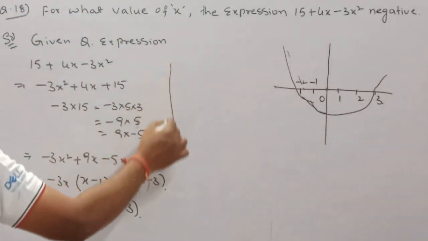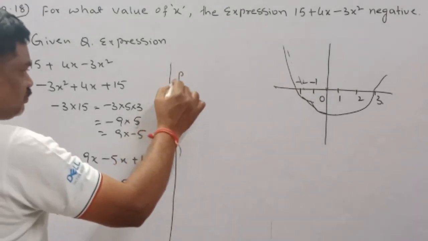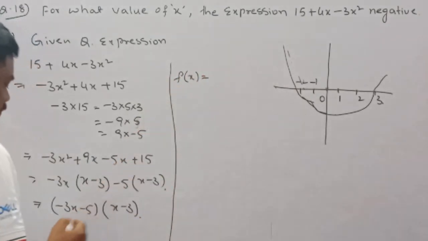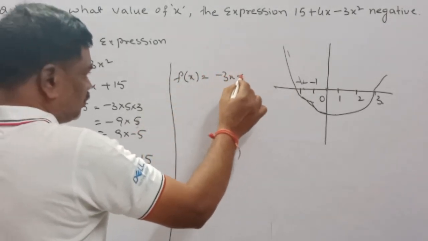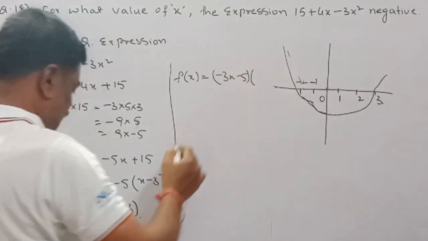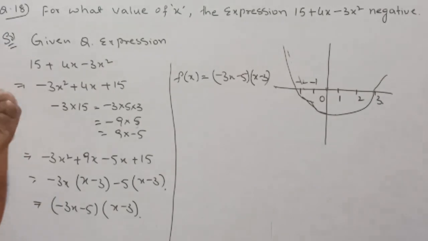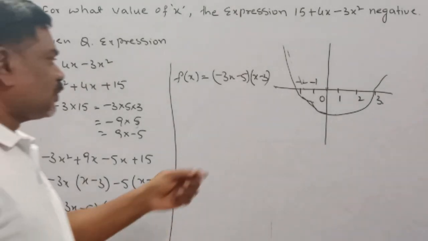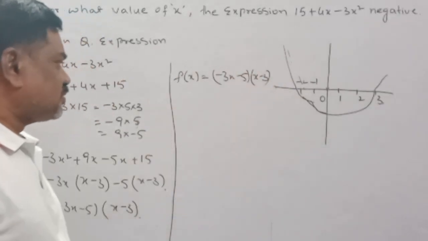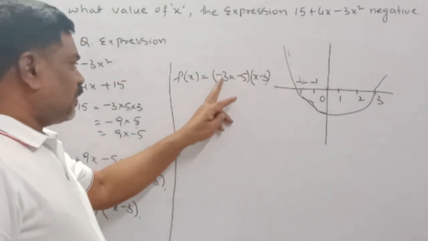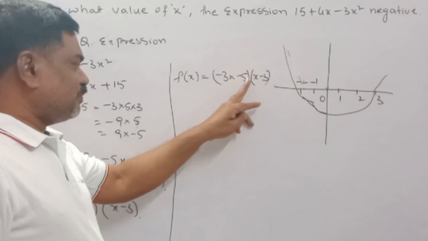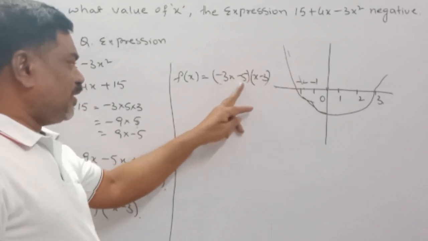Here f of x is equal to minus 3x minus 5 into x minus 3. Okay, all of you. If you substitute x is equal to 3, minus 9 minus 15, minus 14.